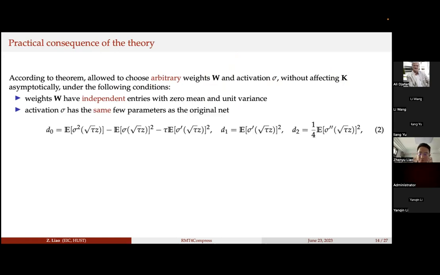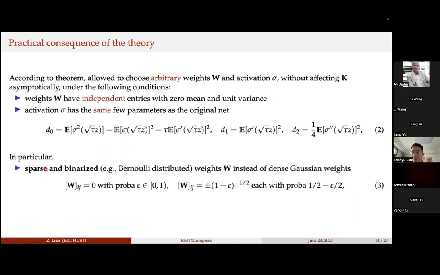So what we will try to do is use sparse and binarized weights instead of the dense Gaussian weights, because in the literature people always prefer using Gaussian weights because they work pretty well in practice.